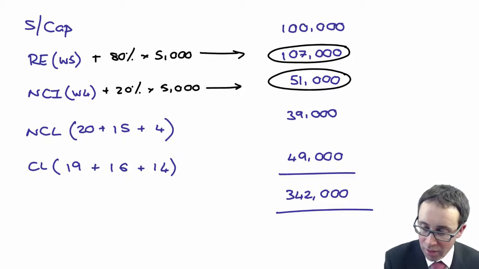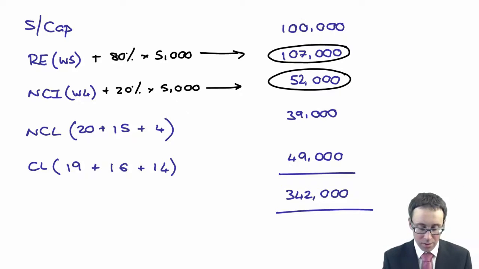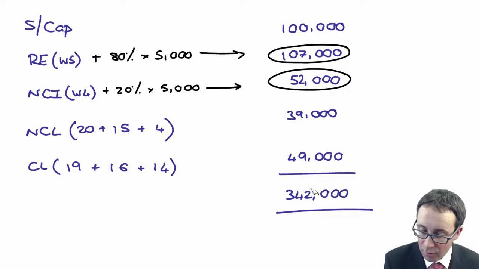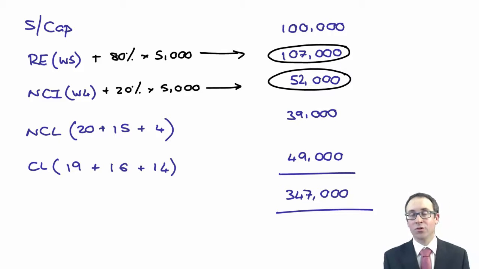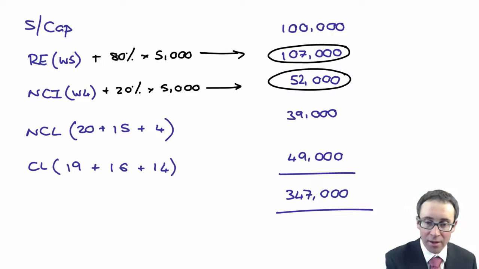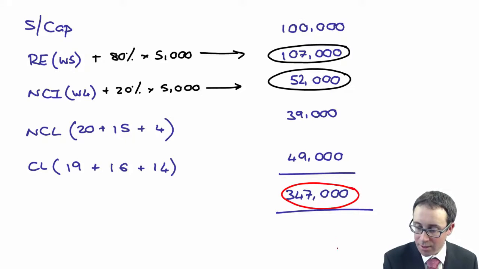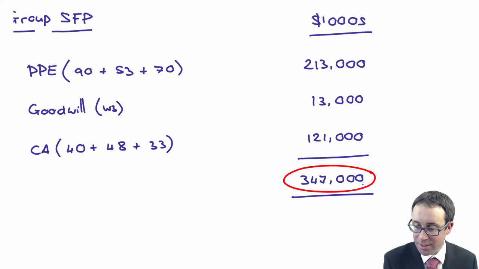And an extra 1,000, which makes that 52. When you do 107 plus 52 plus the 100 at the top plus 39 plus 49, it gives you the 347. Great, it's balanced. 347 there, and 347 on the assets.